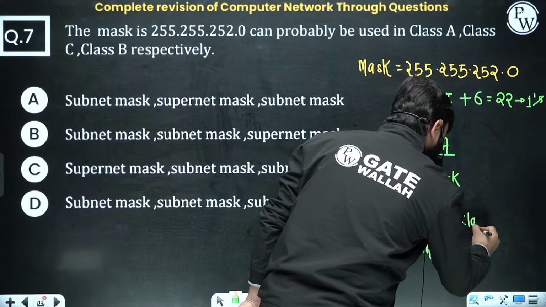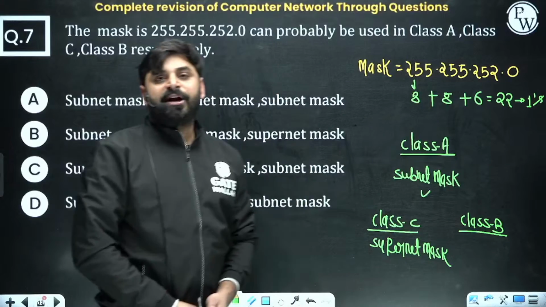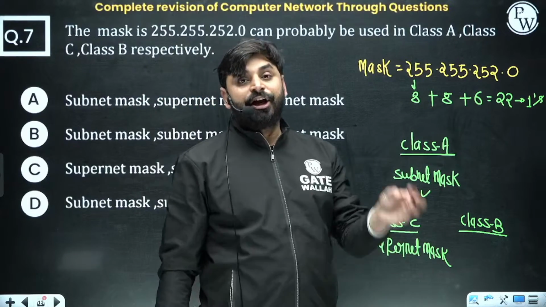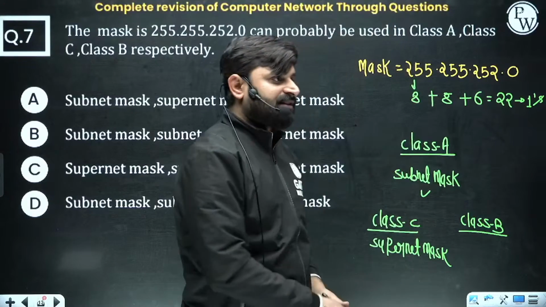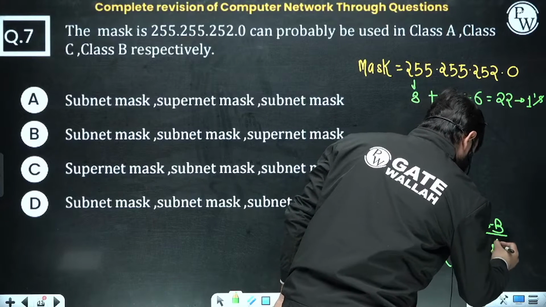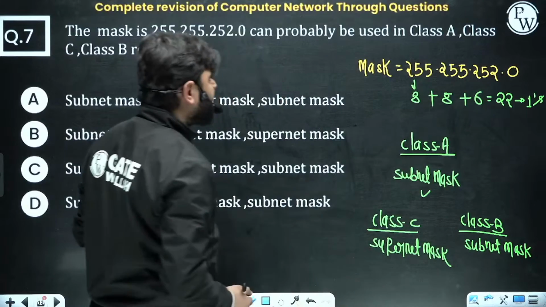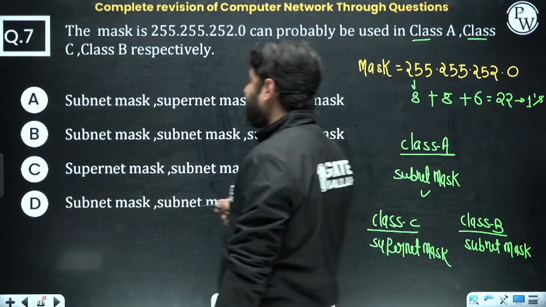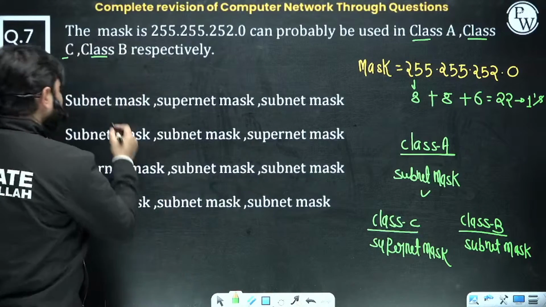Class B: the network ID is 16 bits, and the number of ones is 22. If the number of ones is equal to or greater than the network ID, it is used as a subnet mask. They are asking in the order class A, class C, class B. Class A, subnet mask.